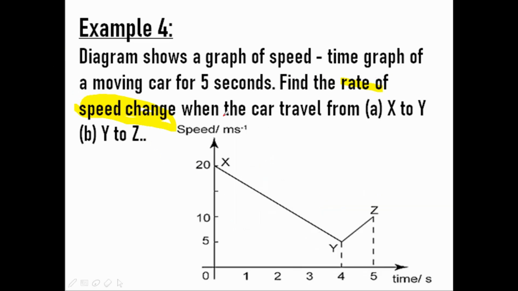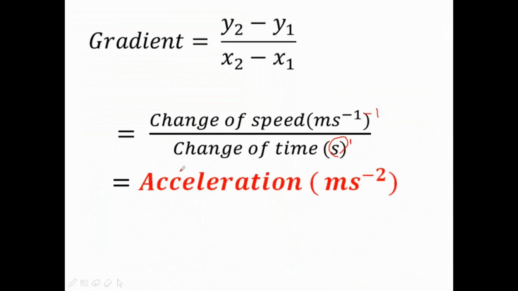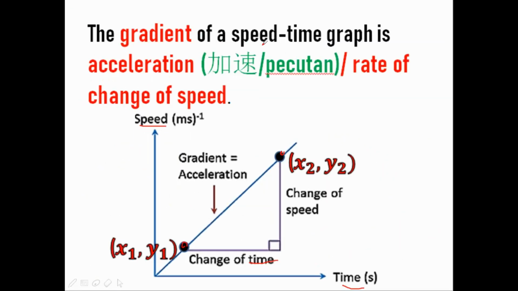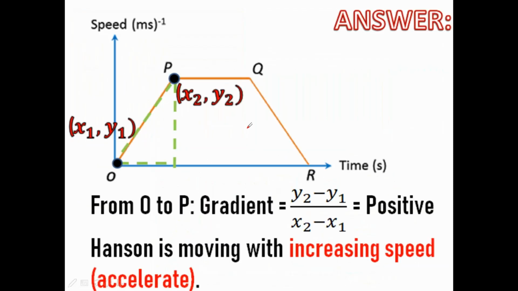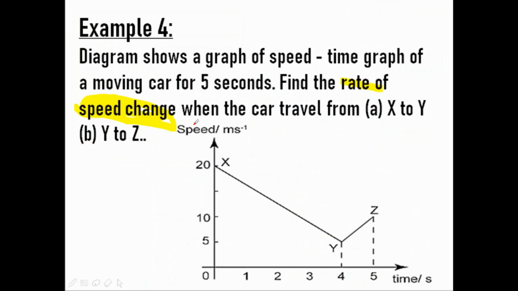So find the acceleration of the car when it travels from X to Y or from Y to Z. The gradient of a speed against time graph is known as acceleration, or rate of change of speed. So we are asked to find the gradient for this speed against time graph.